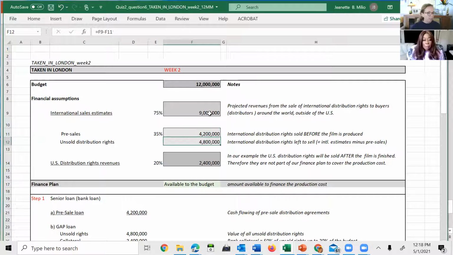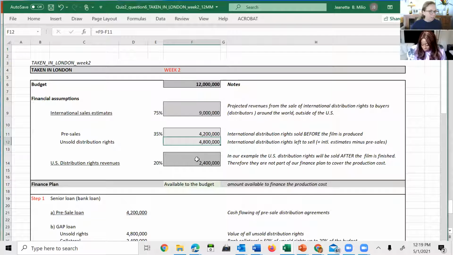Now, when I look at my entire bucket of rights, $9 million, and I deduct the 4.2 million pre-sales that are now being removed from my bucket of rights, what am I left with? 4.8, right. So that is where the 4.8 million is coming from, because that's what you have left to sell. And it's an important number to remember, because that is the number the bank will look at later when they give you a gap loan. That's why we need to know that number.